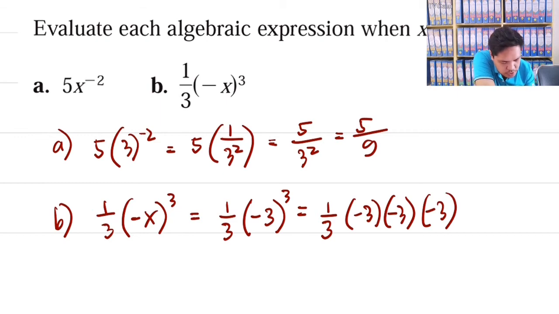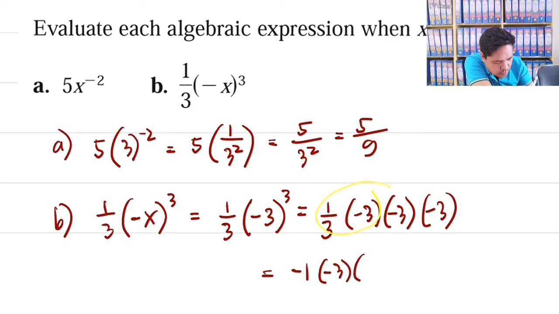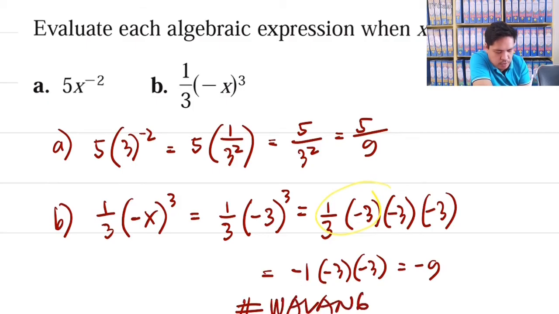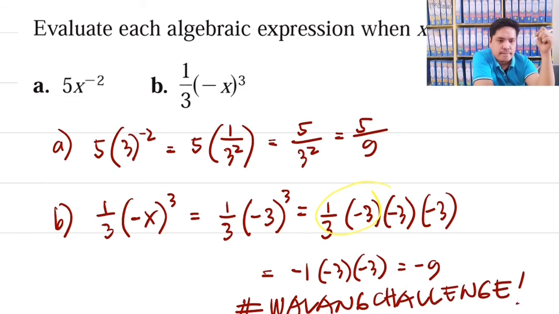Okay. And what is negative 3 over 3? That's negative 1. So, that is negative 1 times negative 3 times negative 3. Negative 3 times negative 3 is positive 9 times negative 1. The answer is negative 9. So, hashtag walang tulugan challenge. Napakadali. Okay.